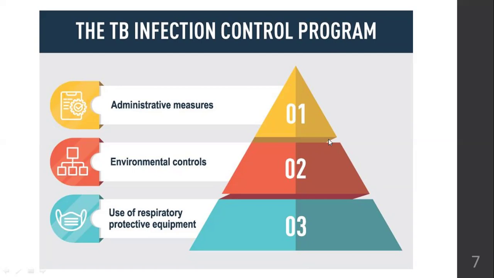The administration of any hospital should have measures in place to protect their staff, the community, and the visitors from TB. So it all begins from the administrative measures. When they lay down the rules and guidelines, it will be followed by the bottom two layers of the organization.